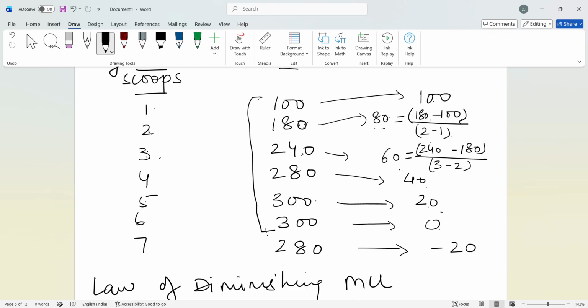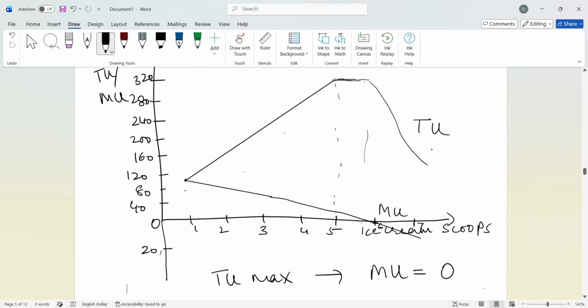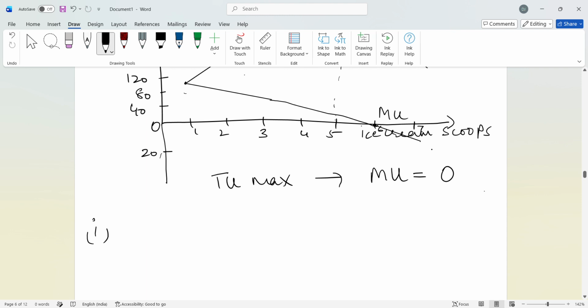So total utility is increasing at a decreasing rate, meaning MU is falling. So I'll write that down. This is basically the relationship between your total utility and marginal utility.